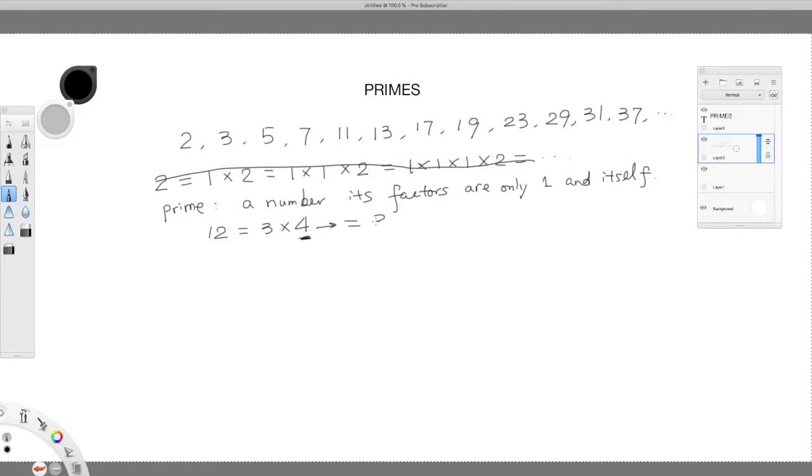So this equals 3 times 2 times 2. Now, this you cannot factor further, prime factorization anymore. And this is the final form in terms of the building blocks.